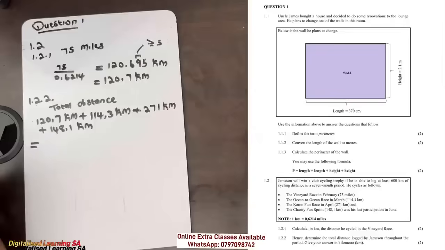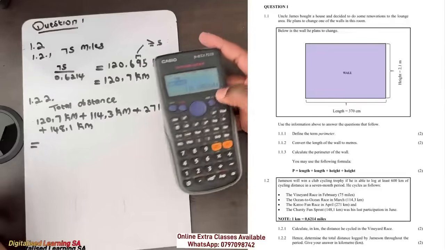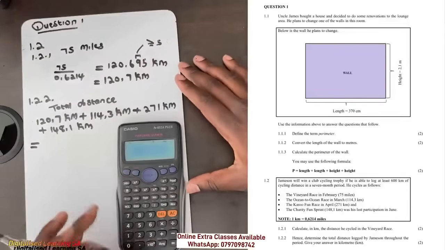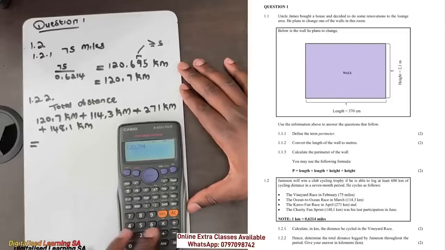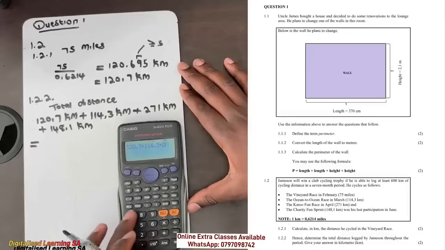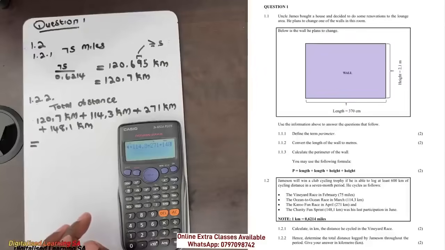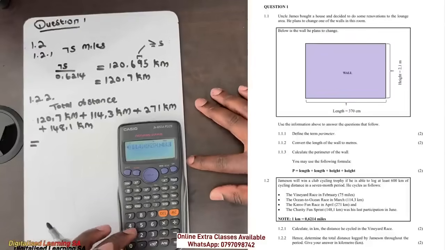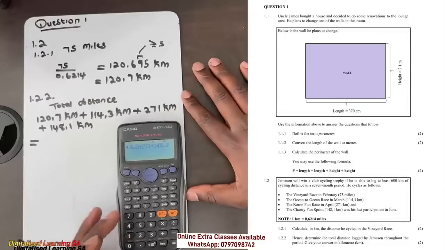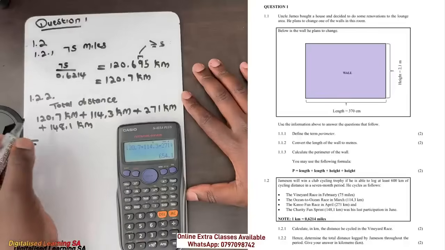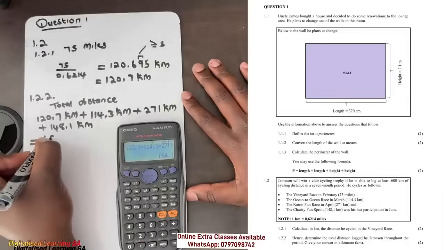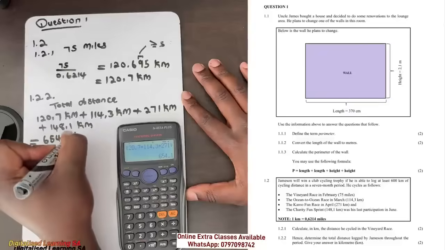So this is the total distance he covered. Now we are just going to add everything and find out how much the total distance was. So we are going to say 120.7 plus 114.3 plus 271 plus 148.1, and our answer will be 654.1 kilometers.